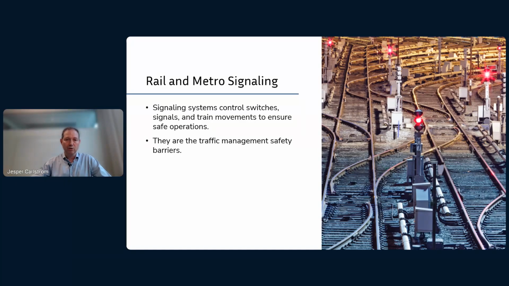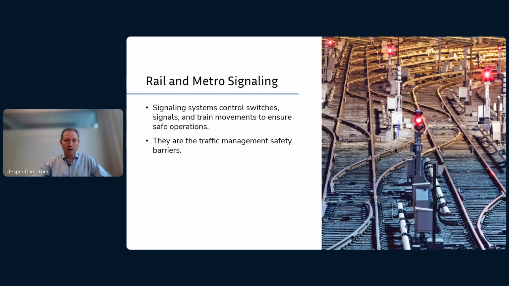There could be lots of smart functions in the traffic management systems involving automatic timetable operation and so on. But in the end, you want a safety critical system that checks that you don't move switches under trains and you don't clear signals in ways that allow collisions between trains. So the safety barrier is called a signaling system, and this is the one we will discuss today.